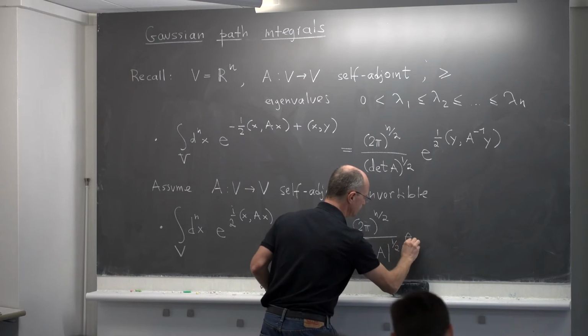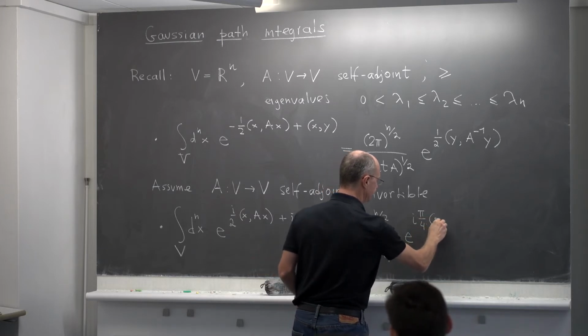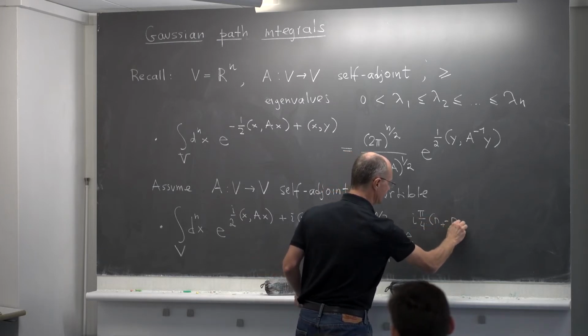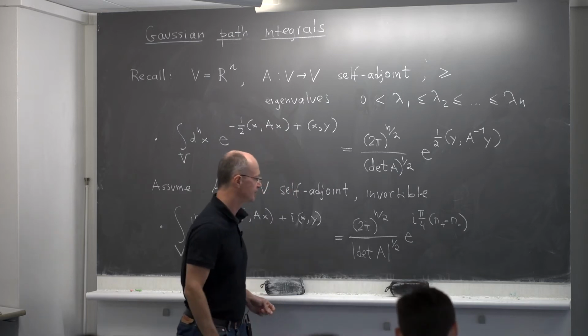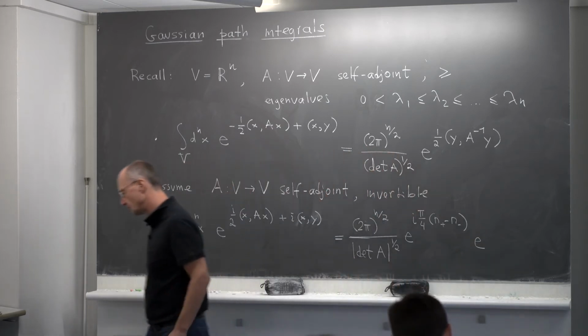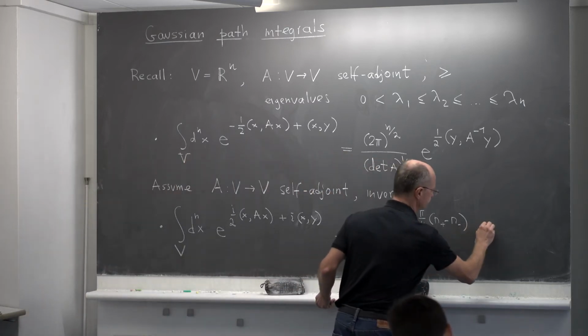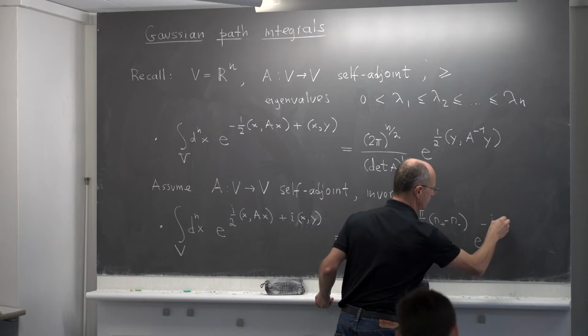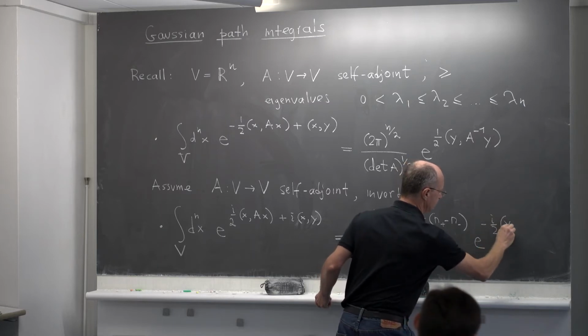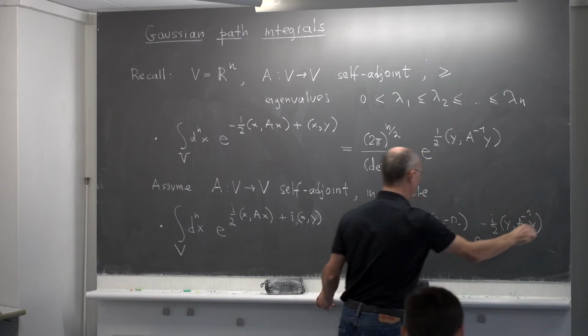And here we put the exponential of i pi over 4 times (n plus minus n minus). I'll say what it is in a second. And here, that I never remember, it's minus, yeah. Here will be minus i over 2 y, A^-1 y.